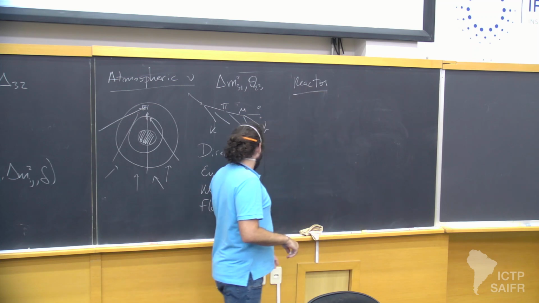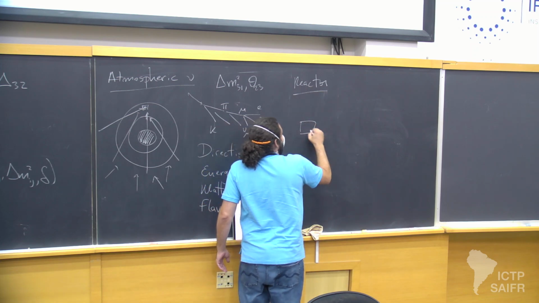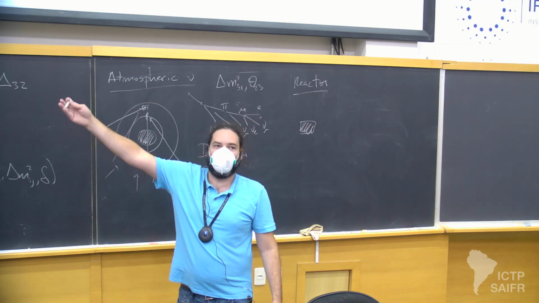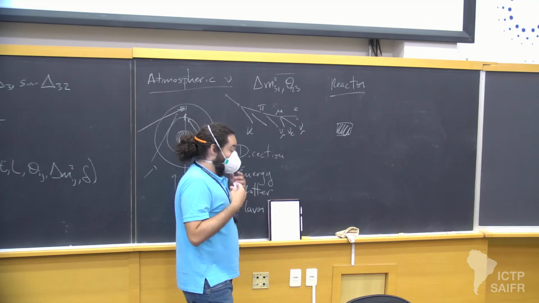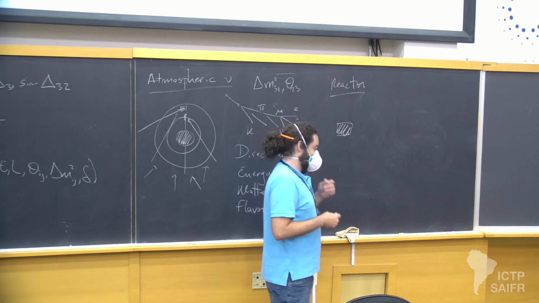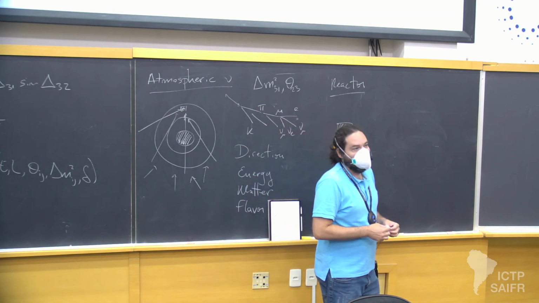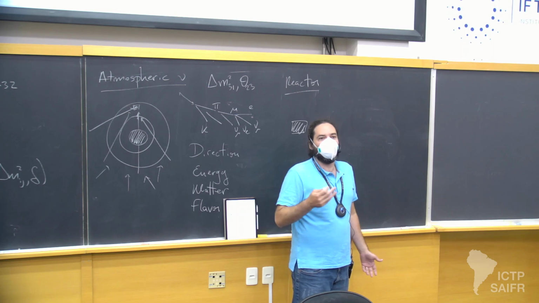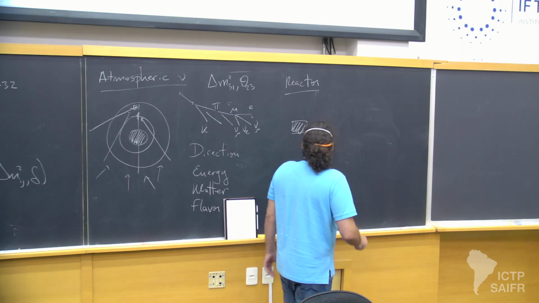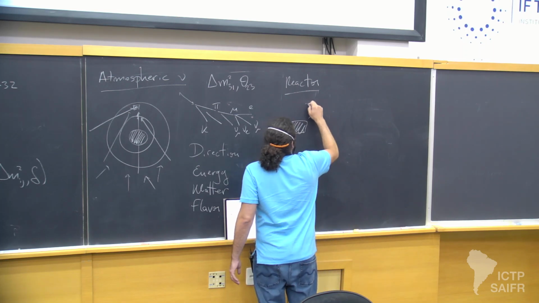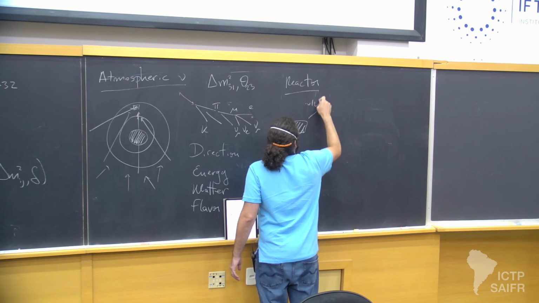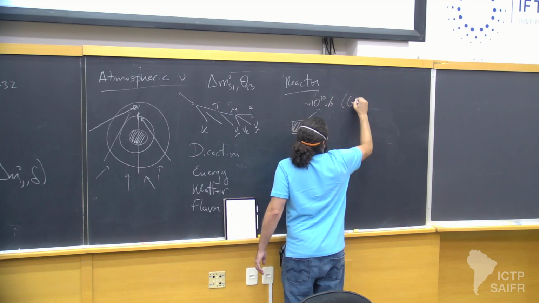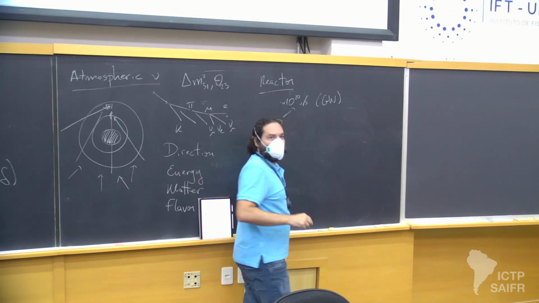So reactor neutrinos, you basically have a nuclear reactor like our dear Angra or Atucha in Argentina. And nuclear reactors actually emit a lot of neutrinos. They emit about 10^20 neutrinos per second if they are commercial reactors, for a gigawatt nuclear reactor.